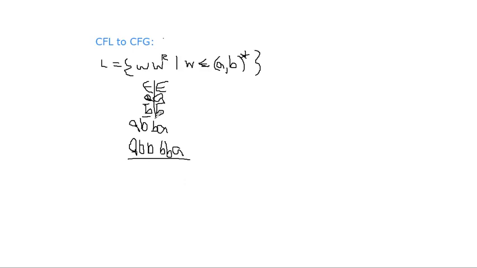If W contains B, WR should contain B. If the first symbol of W is A, then the last symbol should be A. If the second symbol is B, the last but one symbol is B. If the third symbol from the left is B, then the third symbol from the right should be B. So we should construct these grammar rules in a recursive way. If we expand it, you should get this particular format.